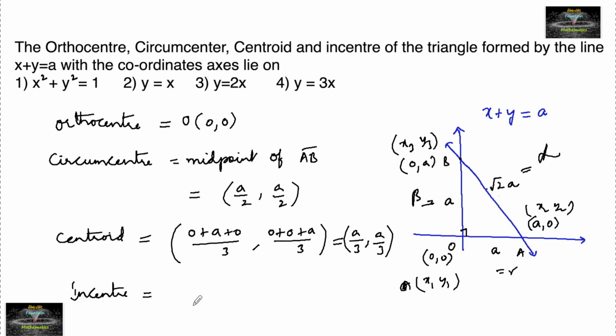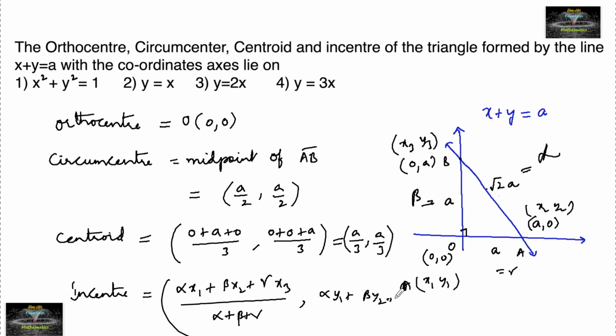So we can write the incenter as (alpha x1 + beta x2 + gamma x3)/(alpha + beta + gamma). Similarly, the y coordinate is (alpha y1 + beta y2 + gamma y3)/(alpha + beta + gamma).